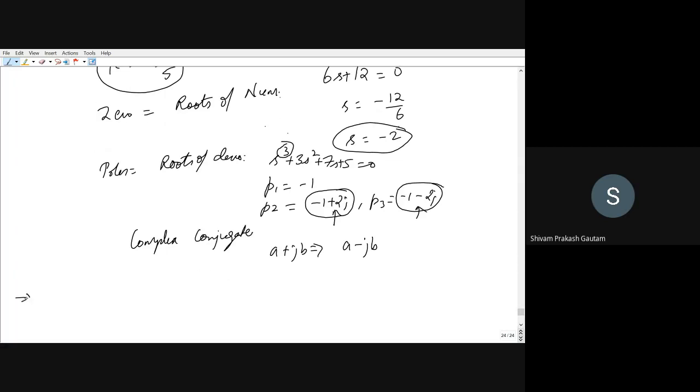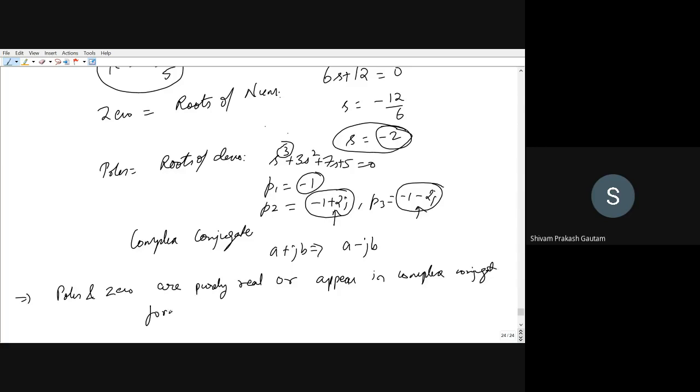So one important point you can remember: both poles and zeros are either purely real, like -2 and -1 are purely real, or they appear in complex conjugate form.